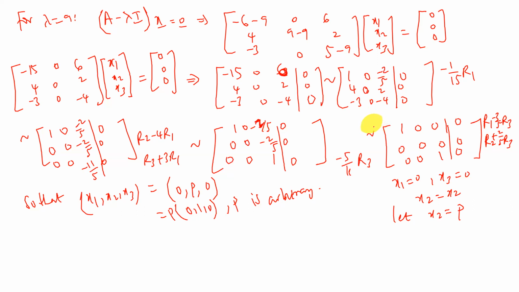Now you said minus 4 row 1, so it's going to affect this one here. Then we can remove these, they're going to be affected.